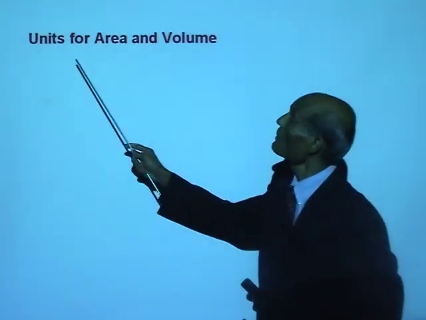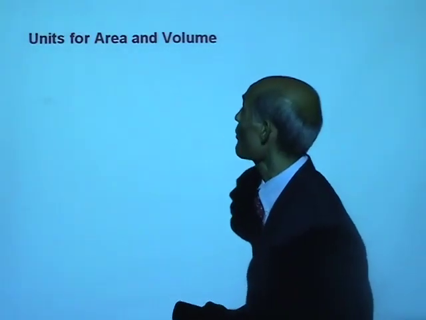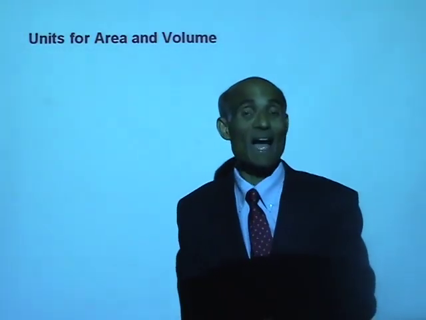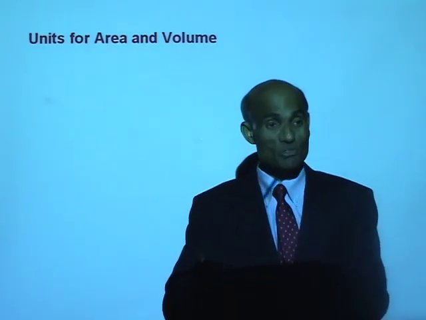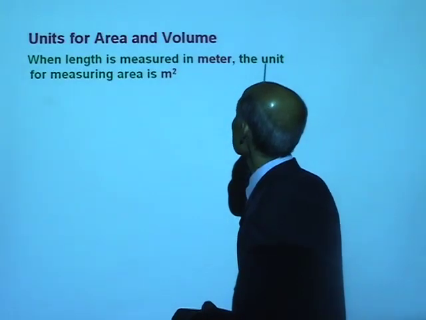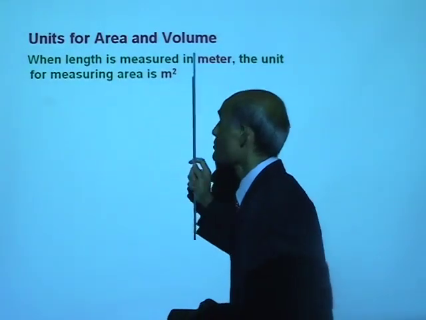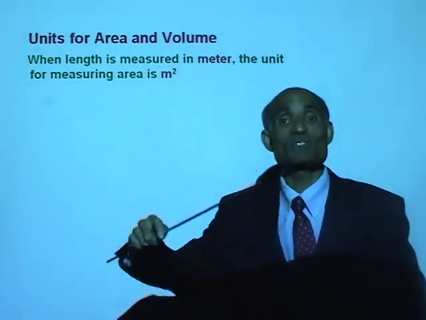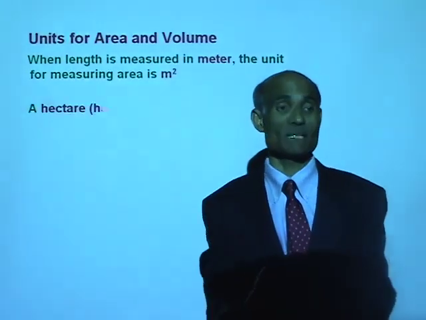Alright, let's now go and talk about units for measuring area and volume. We actually talked about that, is that right? When length is measured in meter, the unit for measuring area is meter squared, square meter.